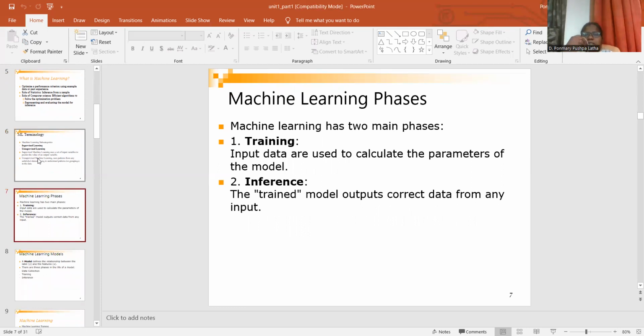Machine learning has two main phases: training and inference. You train the data, and once you have trained it, you give the input and it says whether it is correct.